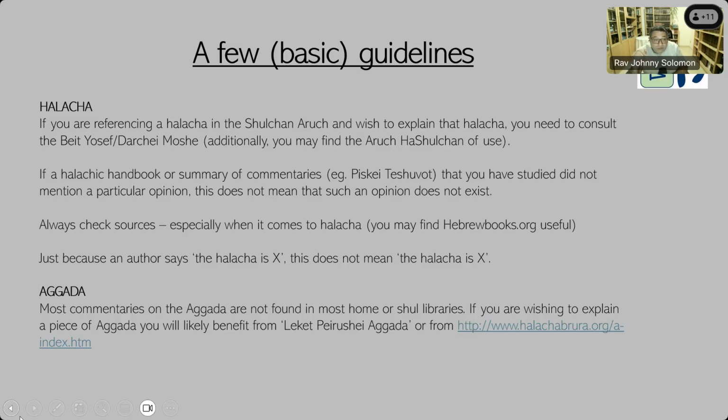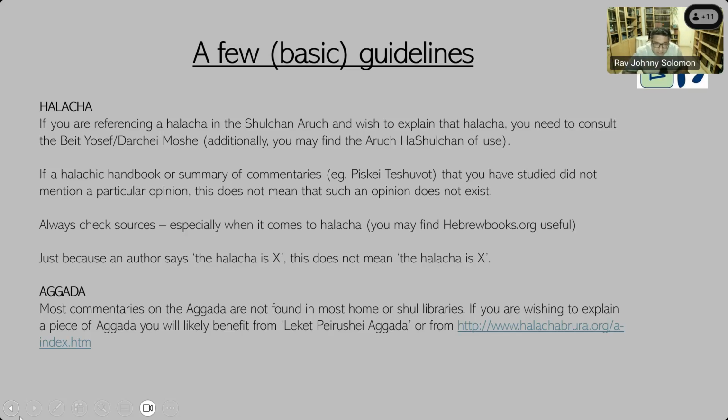Rule number 3, always check sources, especially when it comes to halacha. When a person will say the halacha is X based on what this person says, often that's a very simple summary. If you can, look at the original response and they may be quoting. You may find that they added a further condition that wasn't necessarily mentioned, especially if you're reading a halachic handbook.